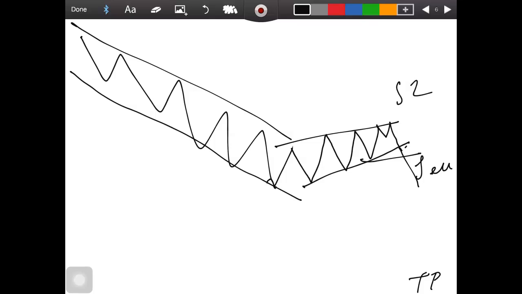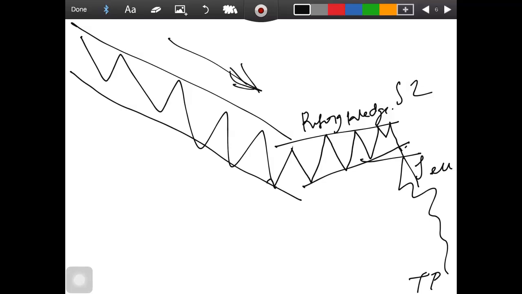So this is a rising wedge, and whenever you see a rising wedge in the market, it's giving you a hint that a big move is about to continue in the initial direction. Okay, so I hope you'll be able to understand the difference between a reversal pattern and a continuation pattern.